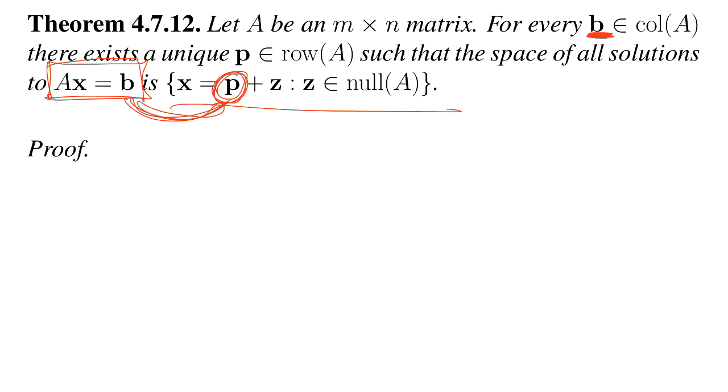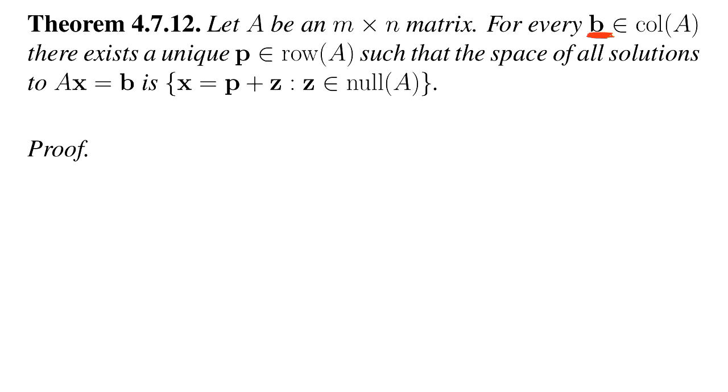So it's just a generalization of the solution being a particular solution and a homogeneous solution. Would this be a generalization of like x equals the particular solution plus a homogeneous solution? It's not really a generalization of it, it's a more precise version of it.